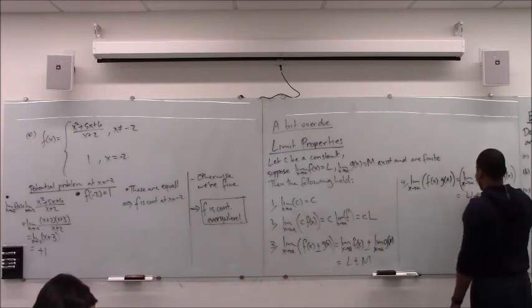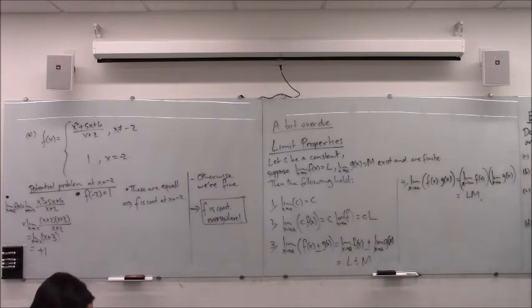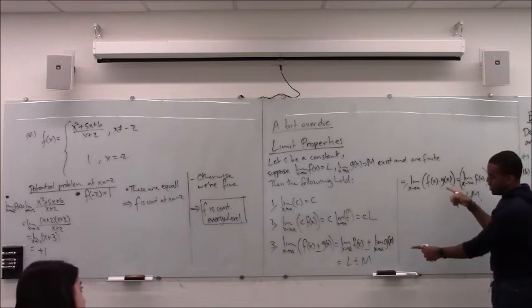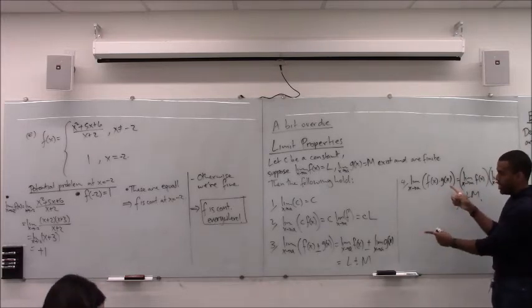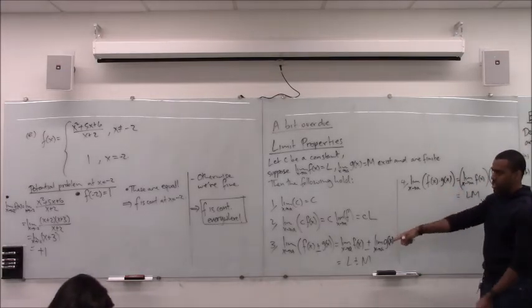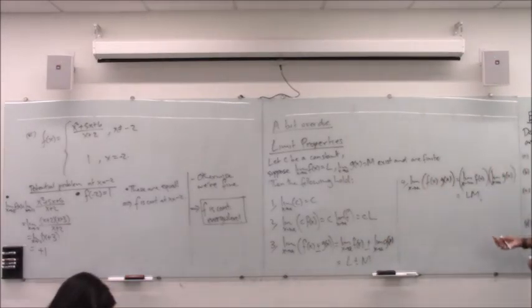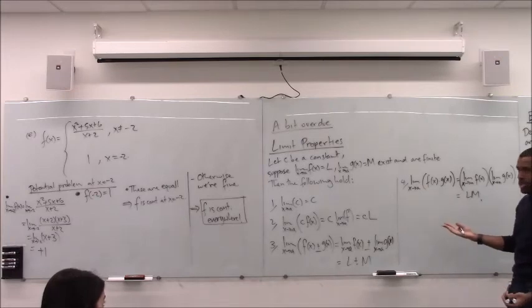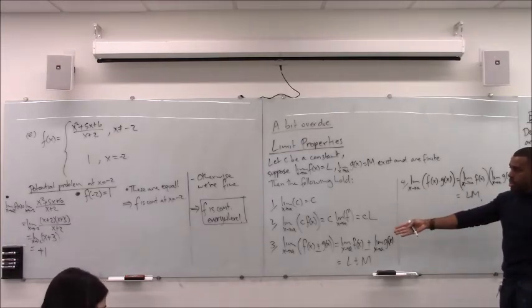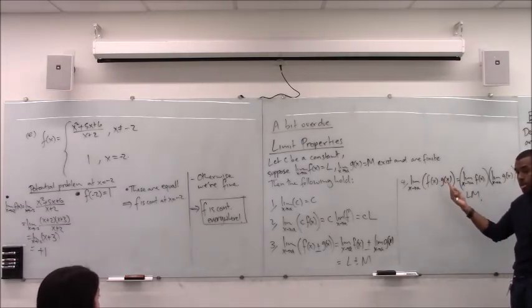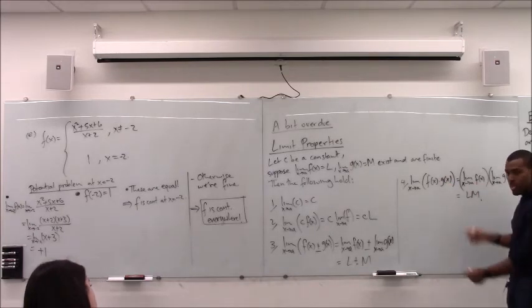That's allowed. It'll give you L times M. Now that's strange. It's nice, but it's strange. It's very rare that something will distribute across both sums and products. Like I was mentioning on the first day, powers don't do this. You can't distribute a power across a sum. It does work for a product. Limits work for both of them. It's very nice.